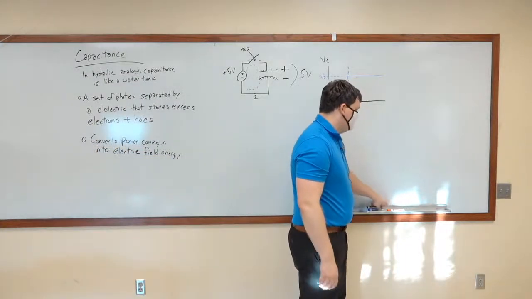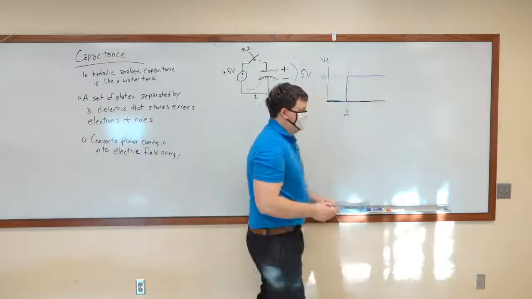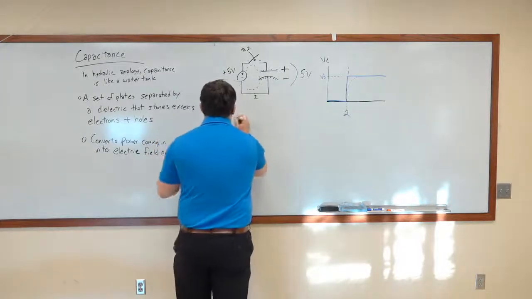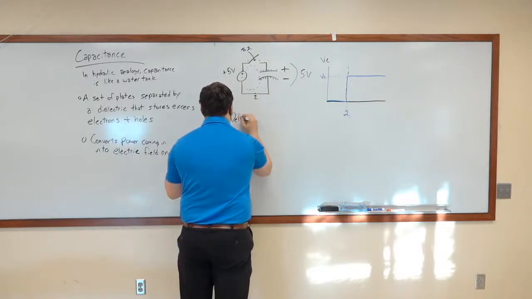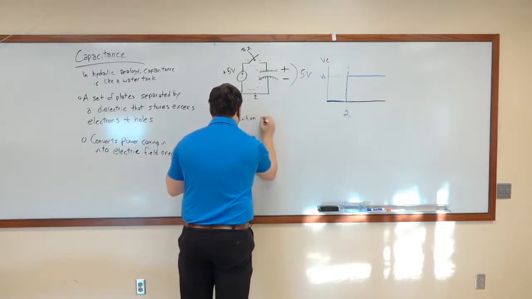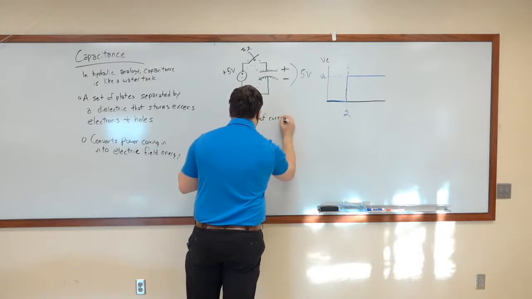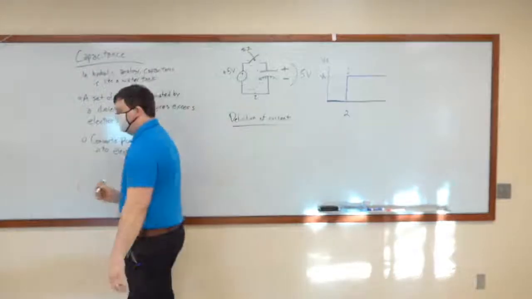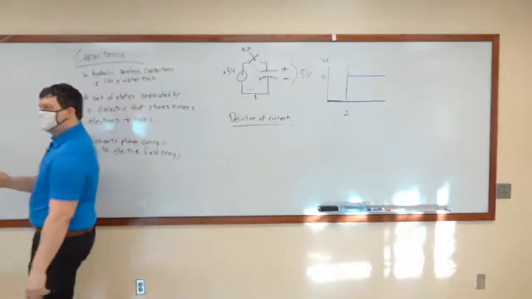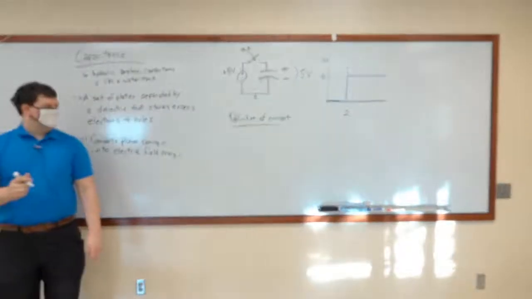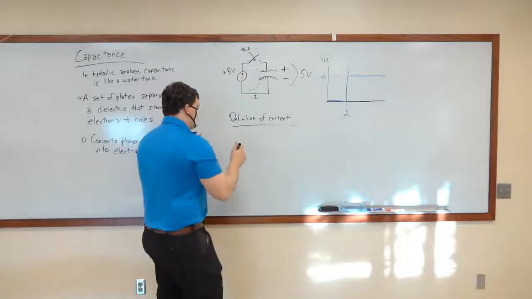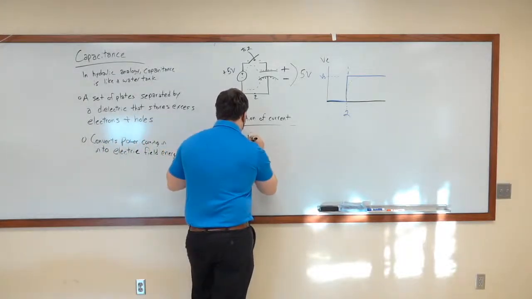Very quickly, the definition of current. Depending on which class you're in, it could be now, the present, or in this class, it's the rate of change of flow of charges.